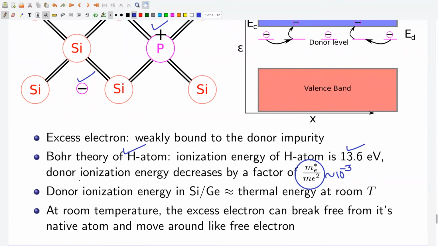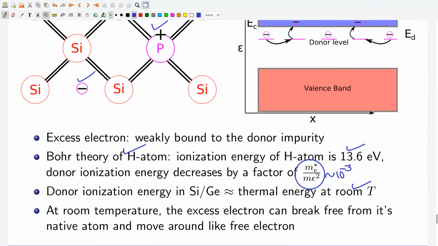It is of the order of thermal energy at room temperature. Thus, at room temperature, thermal energy is sufficient to free the weakly bound electron from the positively charged donor impurity. Such free electron takes part in electronic conduction process.